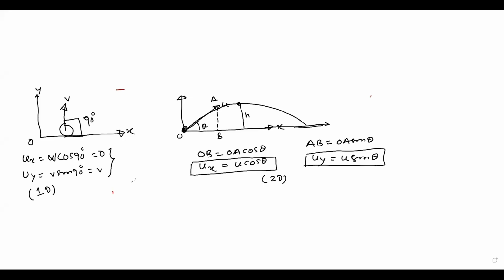So what we said? Motion in one dimension is a subset of projectile motion. A motion in one dimension under gravity, to be precise.